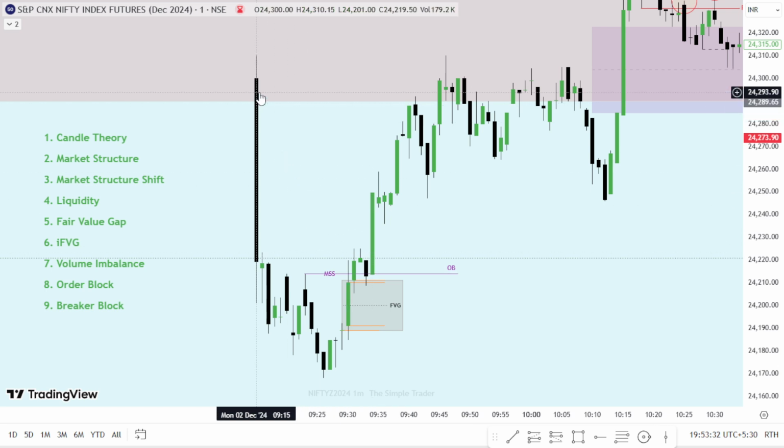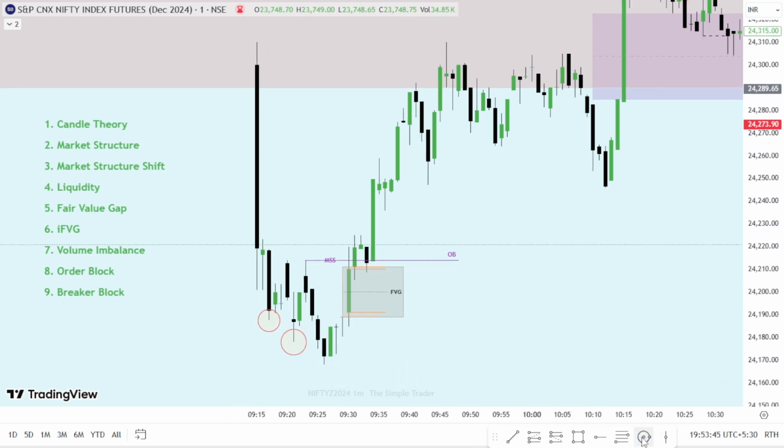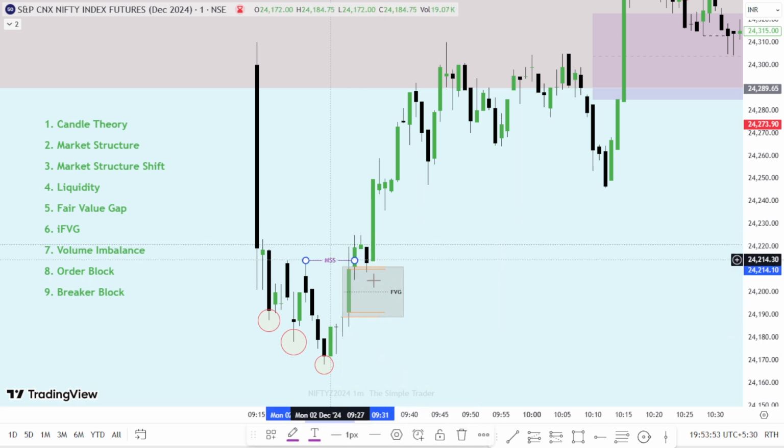Say, for example, this is a short scenario. As you can see, this is a swing low. The next low is lower than the previous low, and then another one is this one. So from here, there is a market structure. I'll explain all these things. I'm just removing it for now.